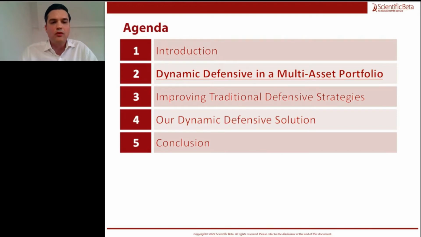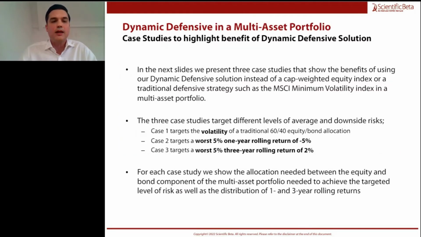Okay, so to move on to the case studies and how the dynamic defensive portfolio looks as part of a general multi-asset portfolio, we are going to go through these 3 case studies as depicted in this slide. So case study 1, we will try to target the average volatility of a traditional 60-40 equity bond allocation.